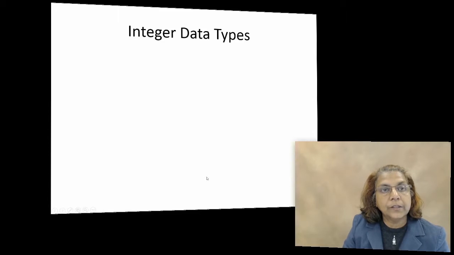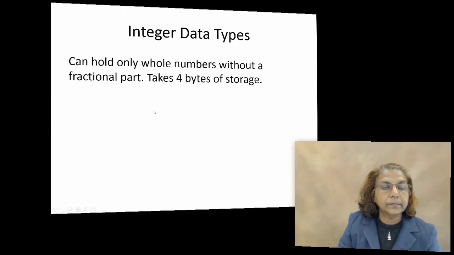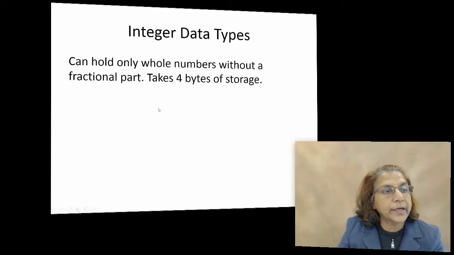So, let's talk about some data types which are supported in C++. Let's talk about integer data types first. We all know already an integer can hold only whole numbers without a fractional part. And the common integer data type occupies 4 bytes of storage.